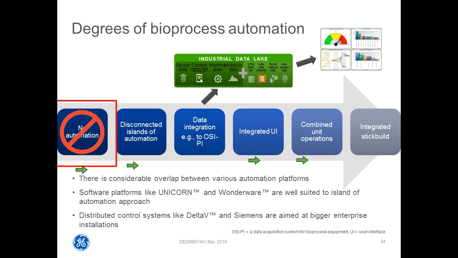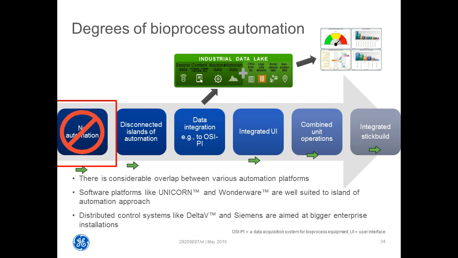The next step in this journey is to have combined unit operations, where a single recipe runs all of your different unit operations. And finally, the nirvana, or end goal, as it relates to automation, is an integrated facility run from a command center of a recipe, with all of your data acquisition and data analytics integrated into a single back end.